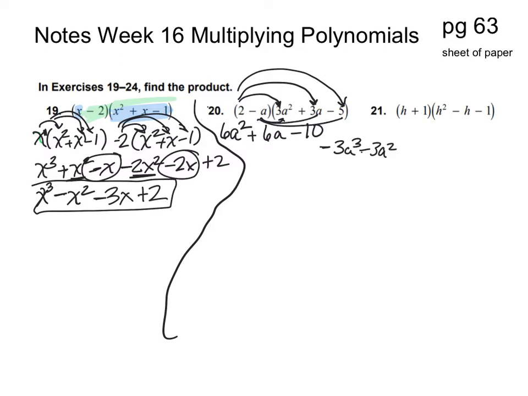Negative a times negative 3 is positive 3a. And now I'm going to combine like terms. Starting in descending order, largest exponent is negative 3a cubed. That's taken care of. Next I have 6a squared minus 3a squared, and that's minus 3a squared. Next is positive 6a and positive 3a, so that's positive 9a, and then negative 10.